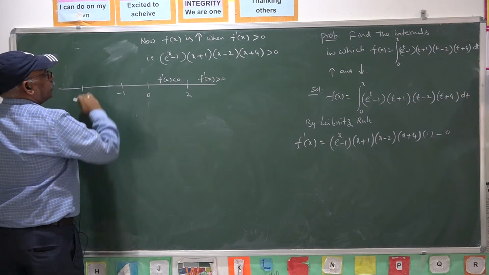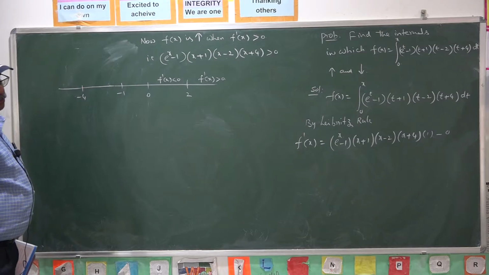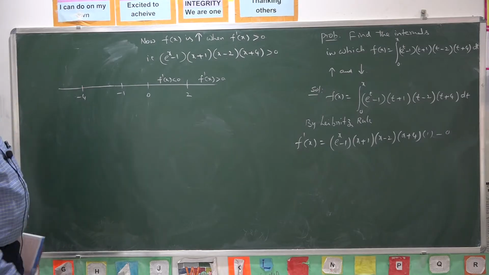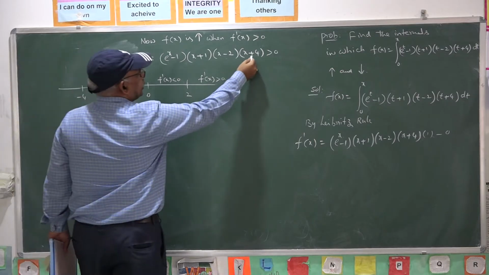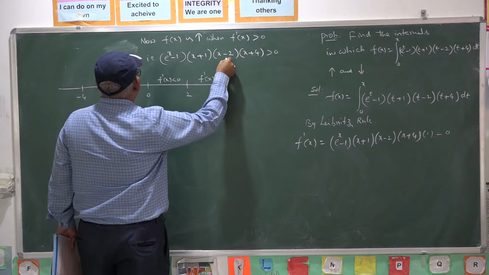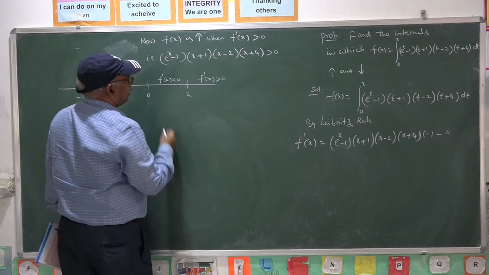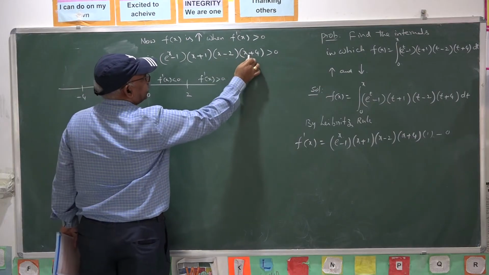Now coming to x lies between -1 and 0. X is negative and more than -1. This is positive. This is positive. This is negative, because x is less than 0 and more than -1. This is negative. This is positive.